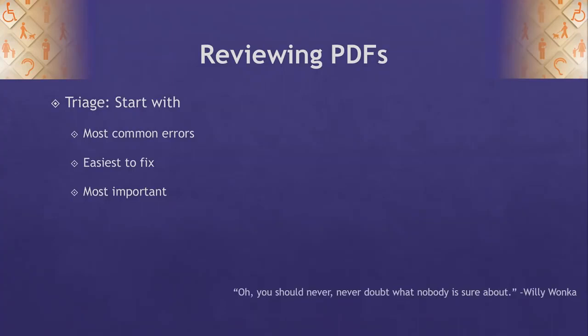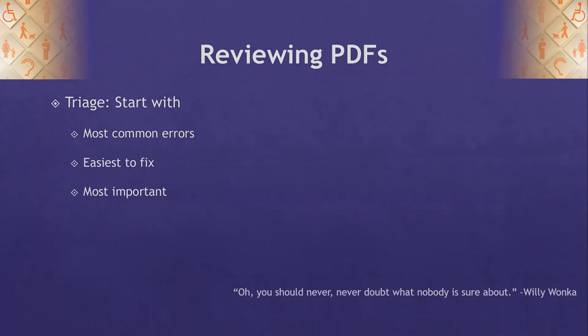So if you know that something is coming from Joe Blow, oh, he never puts alt text in, well, in that case, send it back and make him put alt text in. But if Mary never uses headings, again, if you can't get it fixed in the source document, you'll at least kind of know where to start.